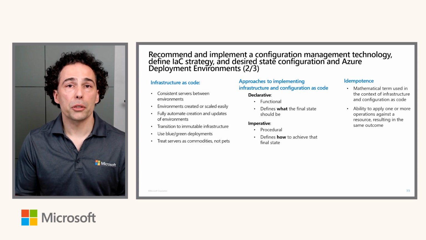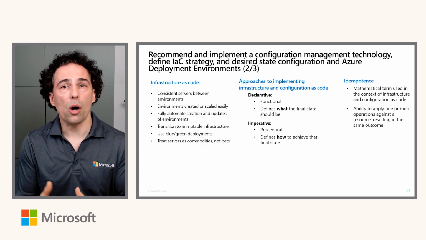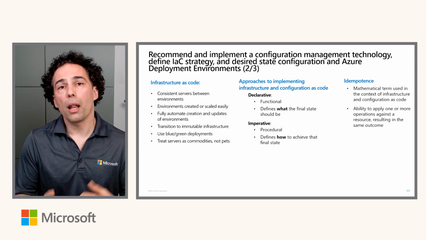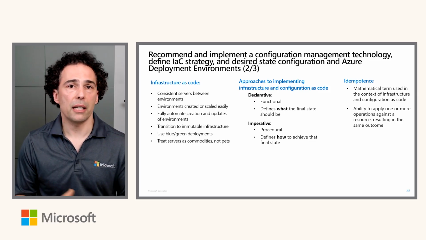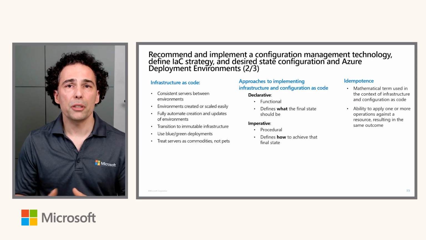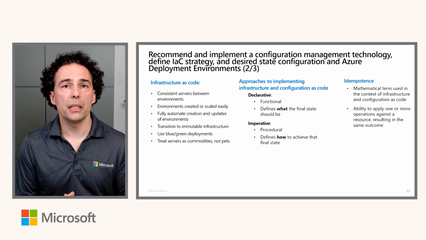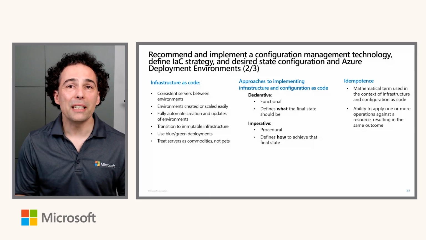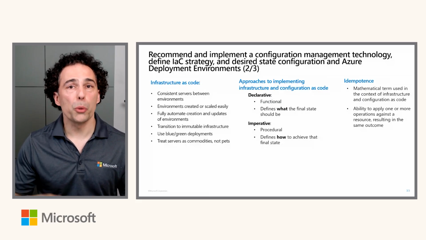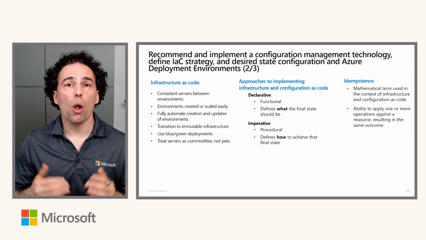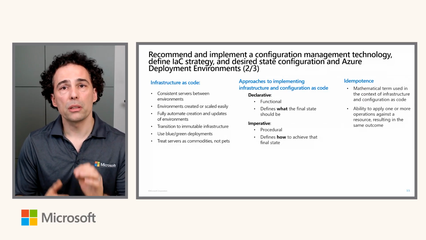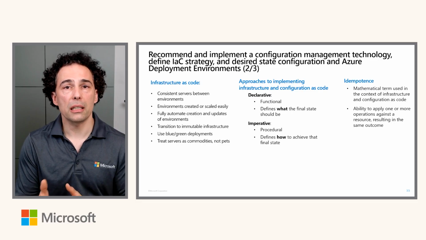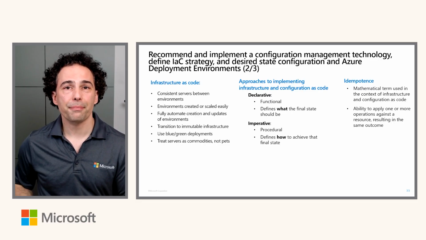Declarative infrastructure as code describes the desired state of your infrastructure, while imperative infrastructure as code lists the commands to achieve that state. Remember that infrastructure as code should have the property of idempotence, which means that running the same code or script multiple times will always result in the same outcome. Idempotence ensures that your infrastructure is consistent and error-free.